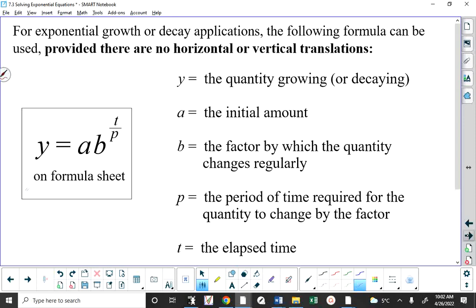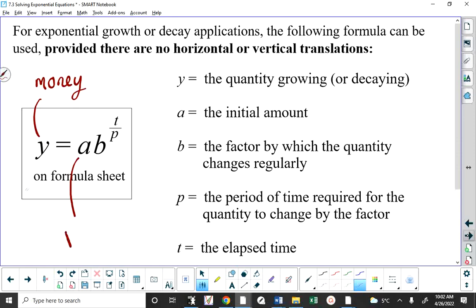Just to review this, y is the quantity that's growing. So you might want to make a note here that this is the money, or the amount of the money in exponential growth. T is the time. Well, that's pretty obvious. T stands for time. A is the initial amount.